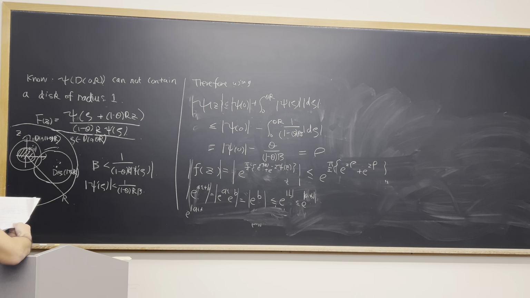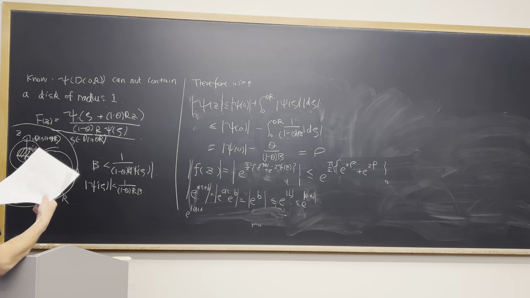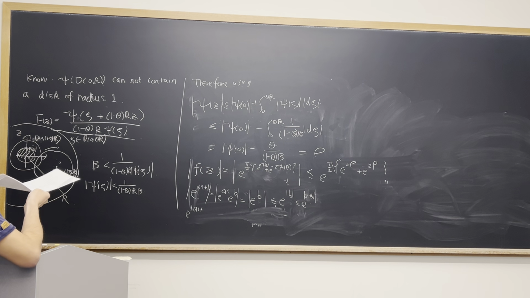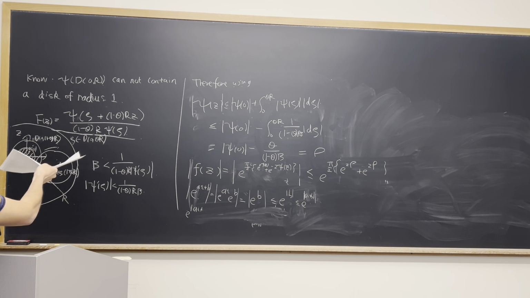So as long as any function satisfies the condition of the block theorem, then it is guaranteed that the image of the function will contain a disk of radius b. So this block constant has nothing to do with anything here. It's just a constant.